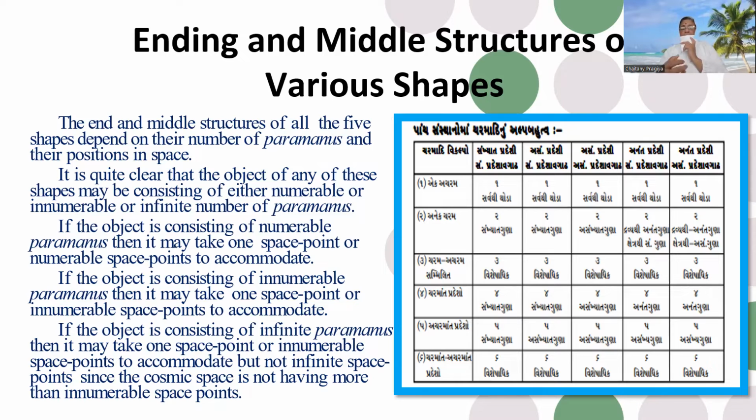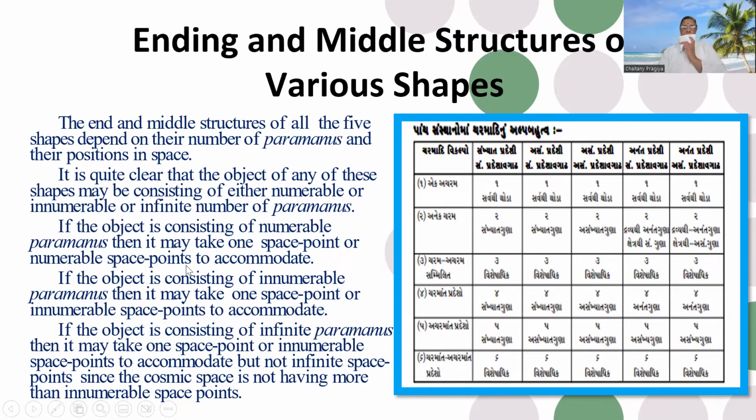We see that these structures can also be accommodated in one space point, or in some numerable space points, or innumerable space points. Now we have to see that all these different types of objects, which consist of some atoms or smaller parts, are found in this limited cosmos. They are not found in the unlimited or infinite transcosmos. Transcosmos is completely bereft of any objects other than space itself.